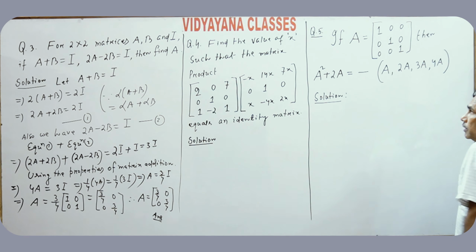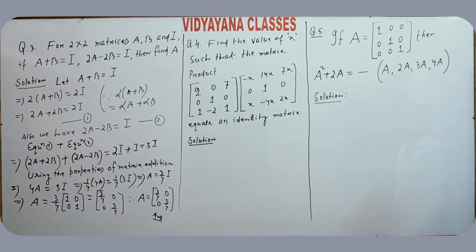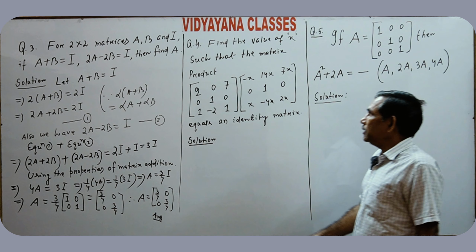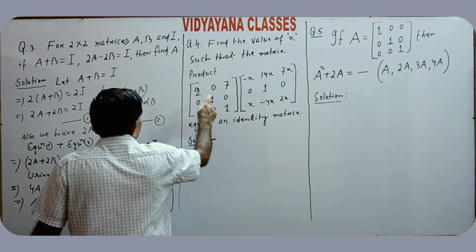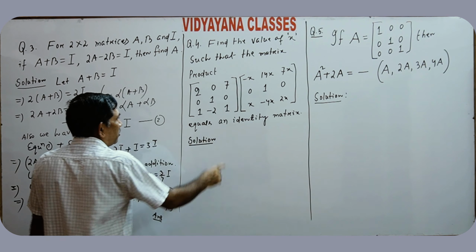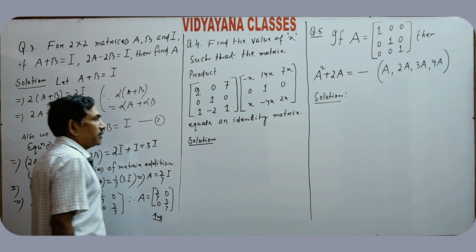Okay. Next, question number 4. Find the value of x so that the matrix product of this and this matrix equals an identity matrix.